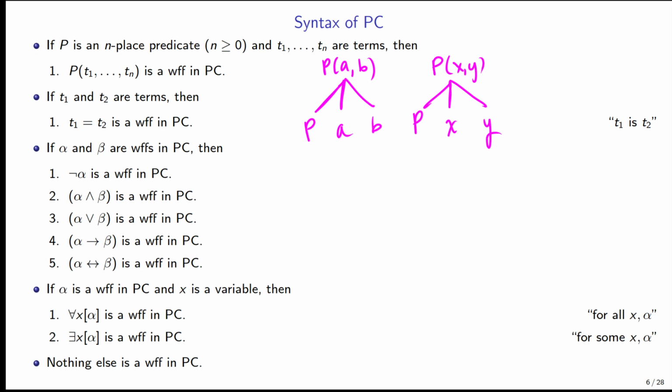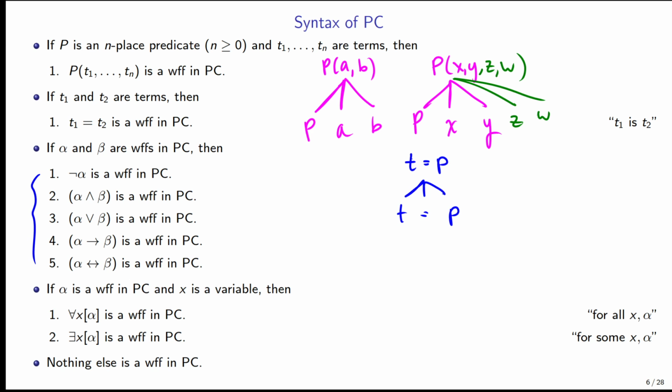If we were to have something a little bit longer, so P, X, Y, Z, W, then we could split this up into five branches. So yes, that does look a little different than what you would see in normal syntax, but this is how we break up predicates into their components. If we have a well-formed formula that is T and say P, so T equals P, we can split this up into T, equals, and P, where T is the same as P. As far as alpha and beta, if those are wffs in predicate logic, then the same wffs that we had in propositional logic are the same.